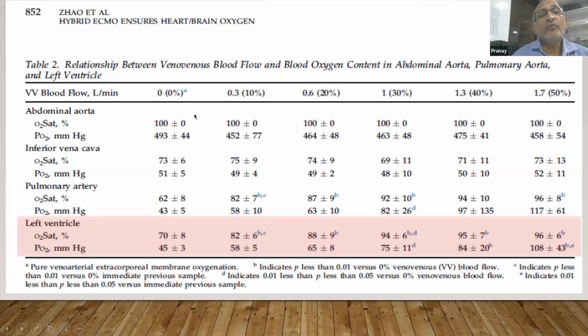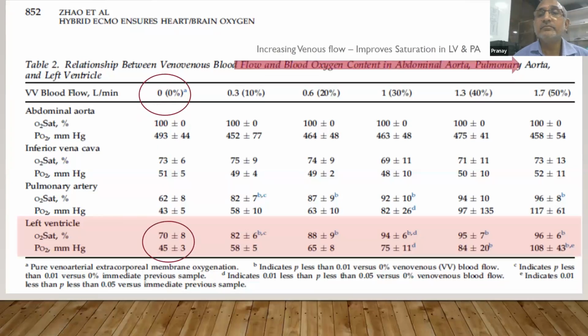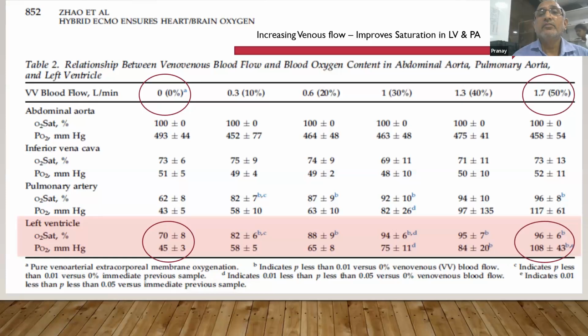But as you increase the flow in the venous counterpart, simultaneously your saturation also starts improving in the left ventricle. So that is the way VAV ECMO helps. This is in cases where there is a differential hypoxia. So increasing the venous flow improves the saturation in the LV and pulmonary artery.